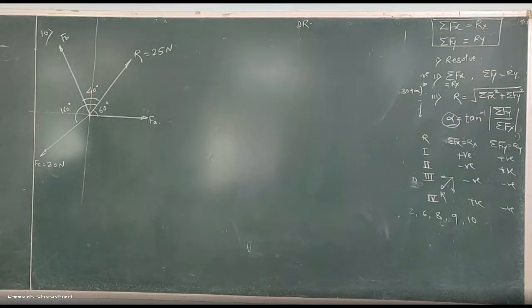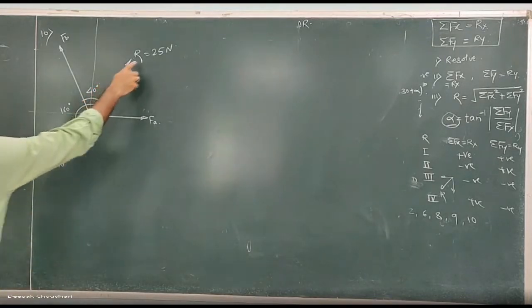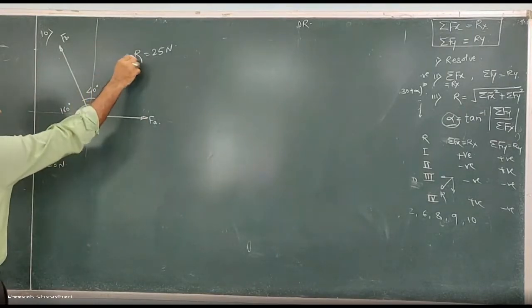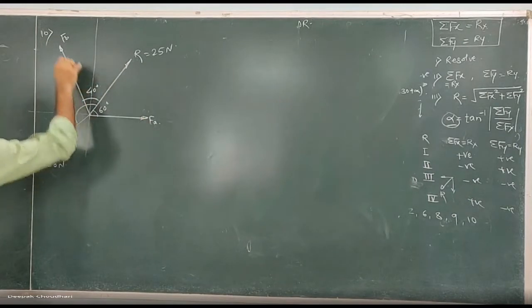Okay. Now, in this question, it is given that a force R equal to 25 Newton has components FA, FB, and FC. Now, let's concentrate on this first sentence. In this sentence, nowhere it is given that this force is the resultant of these three. Instead, it is given that this force R has the components FA, FB, and FC.